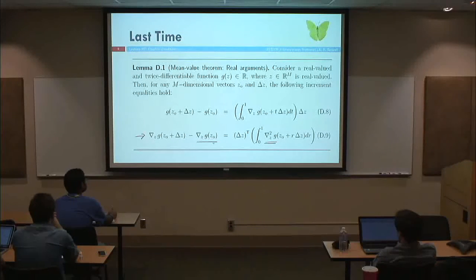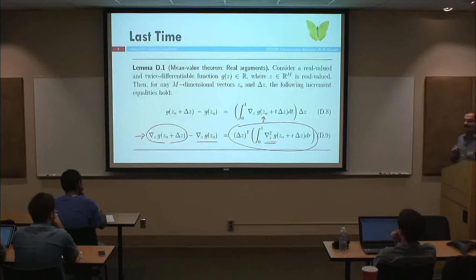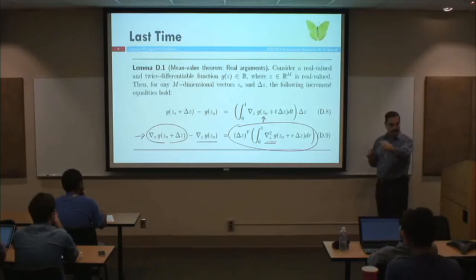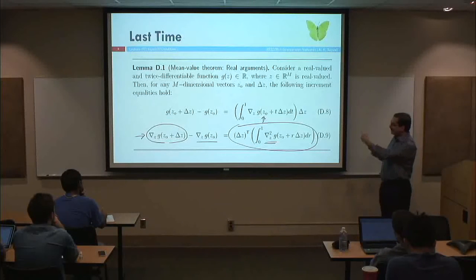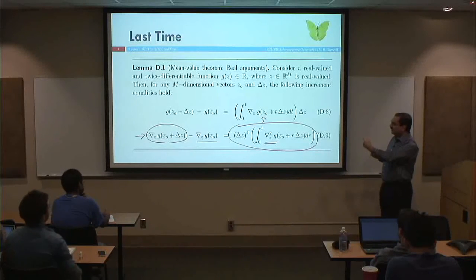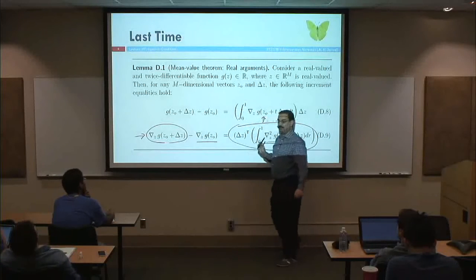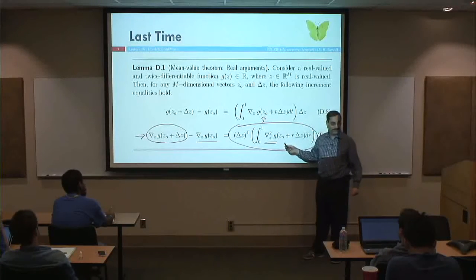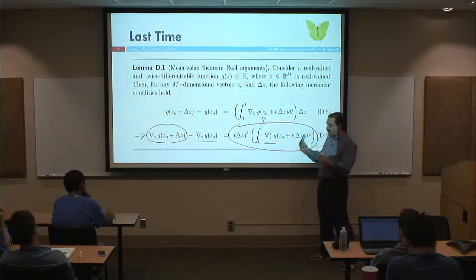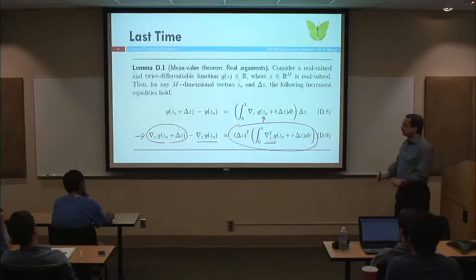So I can replace this expression for the gradient up here. The second equation gives me an expression for the gradient. I can replace it inside the first integral. I will end up with an expression that tells me what the increment will be in terms of the Hessian now. I can use that. I will be using that very soon.